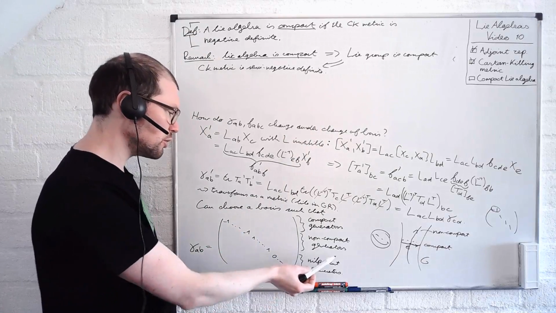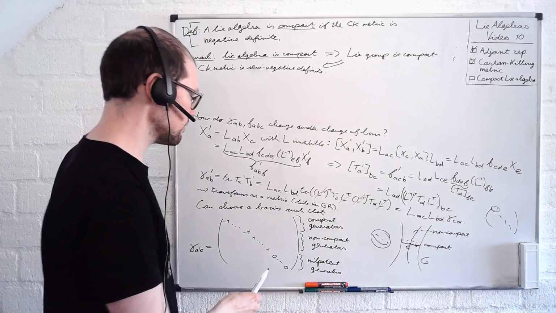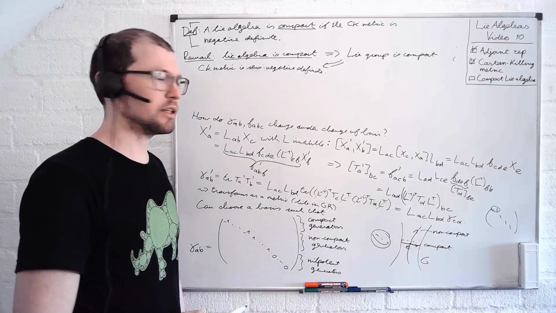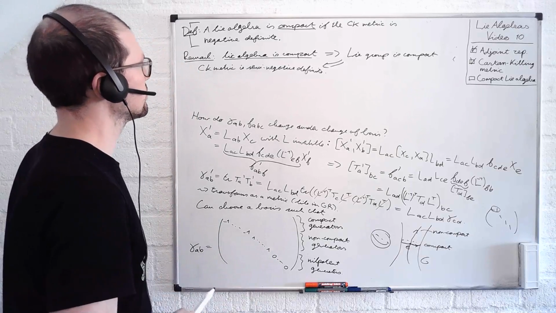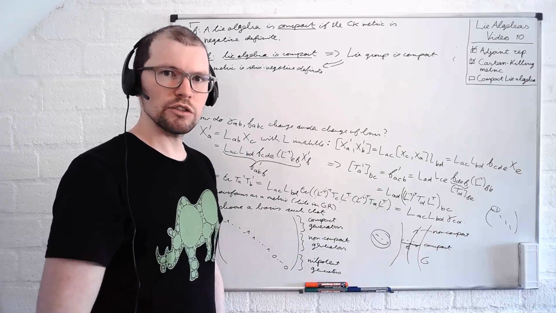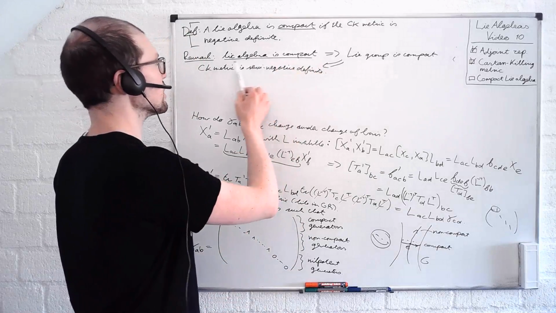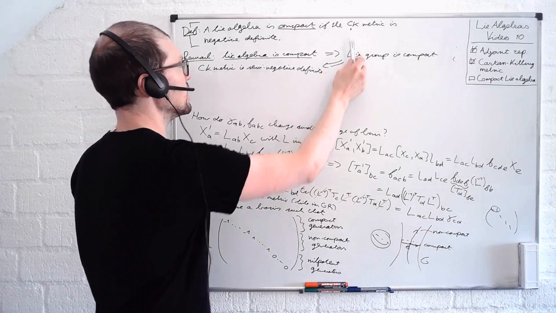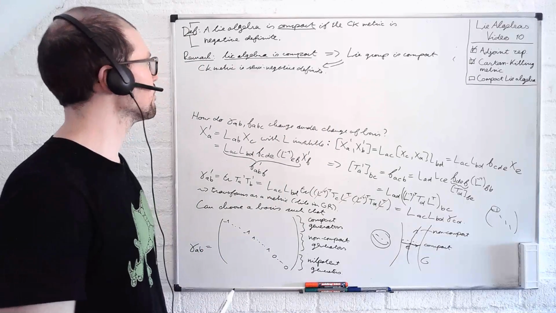As I said, nilpotent generators can either be compact or non-compact. You can't judge just by looking at the Lie algebra structure. So whenever we talk about compact Lie algebras in the following, we're always talking about the Lie algebra being compact, meaning that the Cartan-Killing metric has -1s on the diagonal.